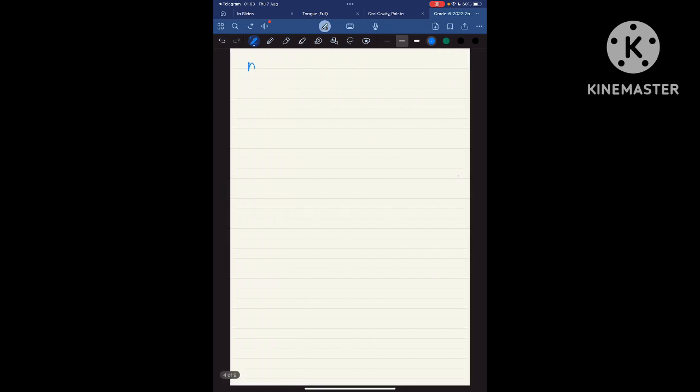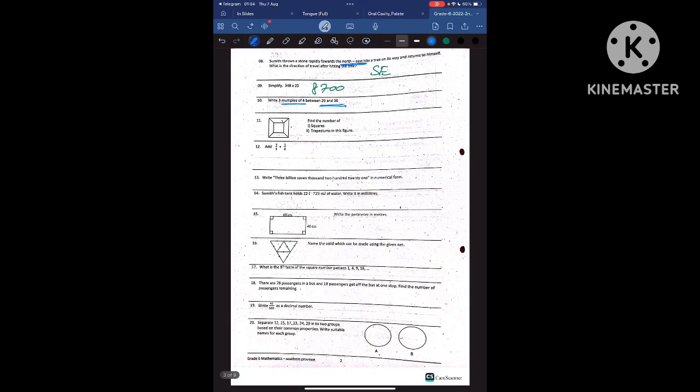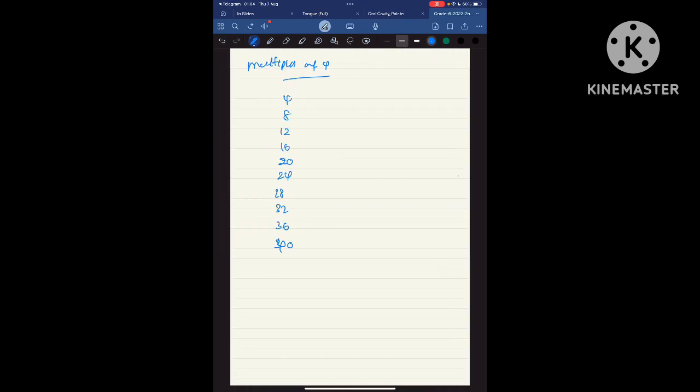Now tell me, what are the multiples of 4? 4, 8, 12, 16, 20, 24, 28, 32, 36, 40, right? Between 20 and 36. Now where is 20? Here is the 20. Where is 36? Here is the 36. Between these two numbers, 24, 28 and 32.